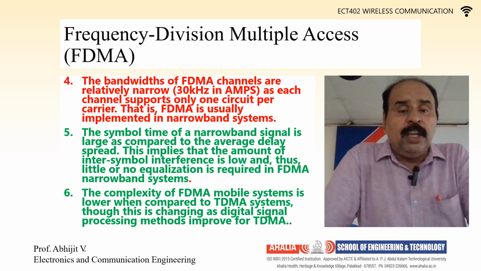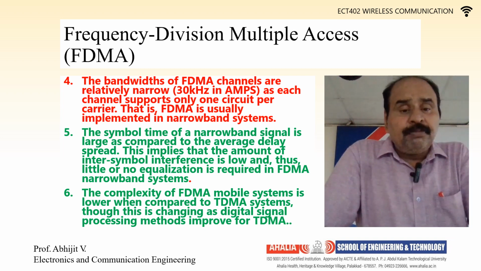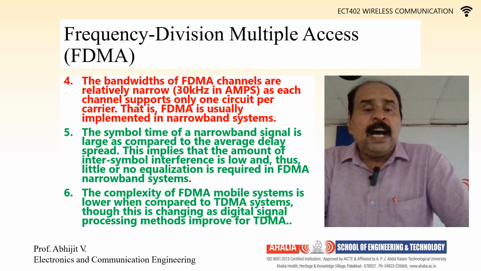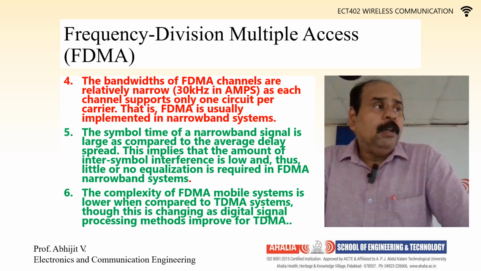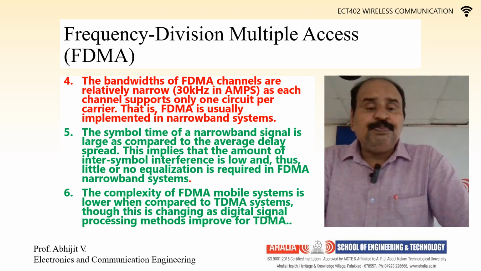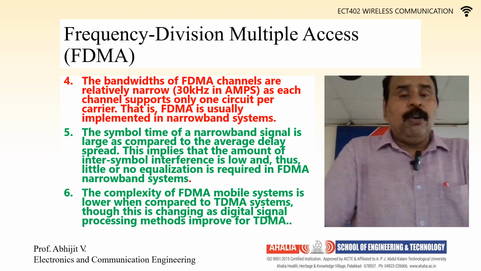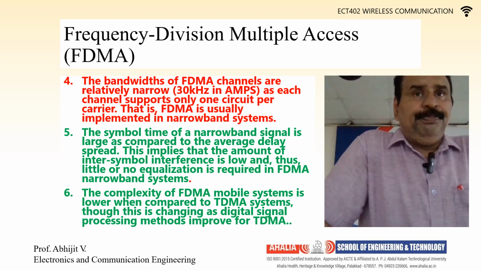The symbol time of a narrow band signal is large compared to the average delay spread. This implies that the amount of inter-symbol interference would naturally be low, right? Thus, little or no equalization is required in FDMA narrow band systems.